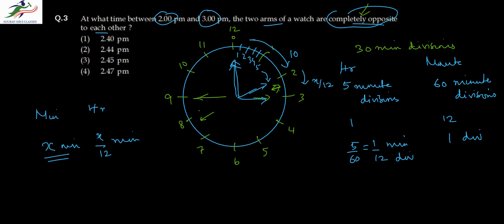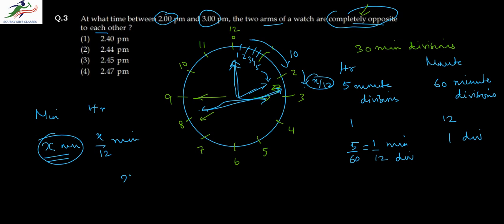Let's say the minute hand is here and the hour hand is here. So the hour hand has traveled 10 plus x by 12 minute divisions, and the minute hand has traveled x minute divisions. So the difference between these two would be 30 minute divisions.